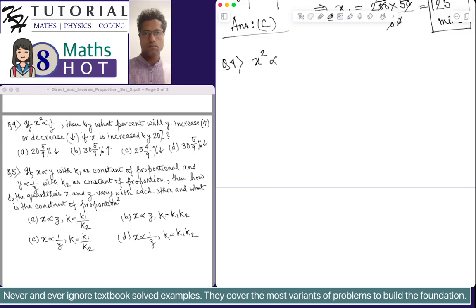We know that for two quantities that vary inversely with each other, their product is a constant. So we must have x square y equal to some constant. We don't know the constant, but it will be some constant.